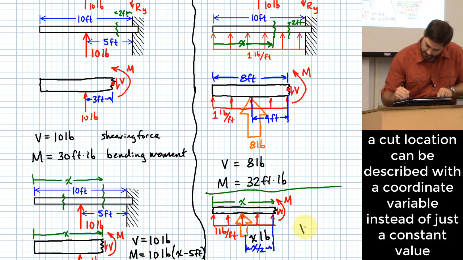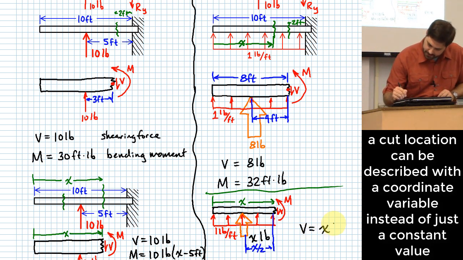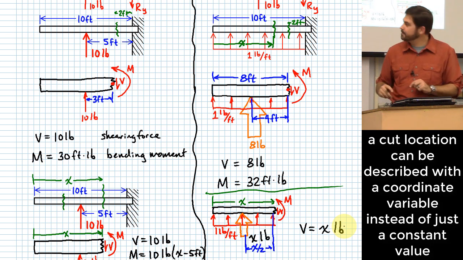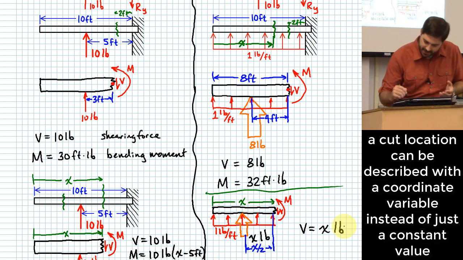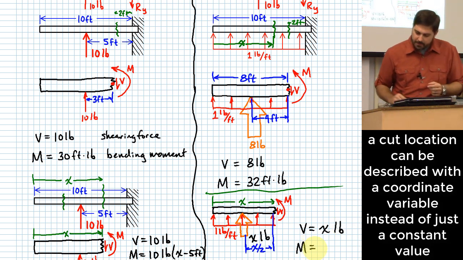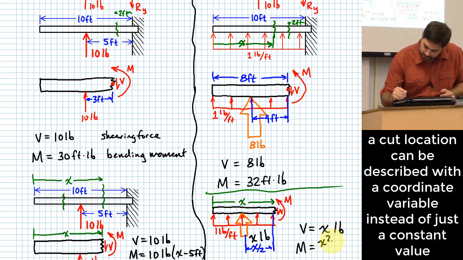What's V? X pounds, right? So wouldn't that be about right? And then M is going to be what? X squared over 2 foot-pounds.